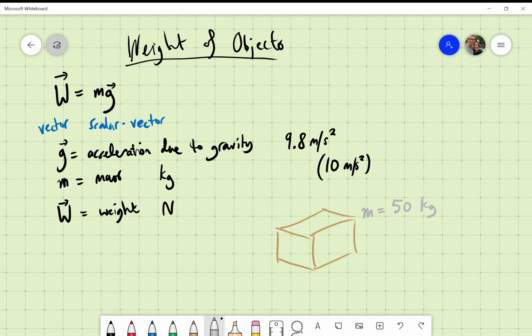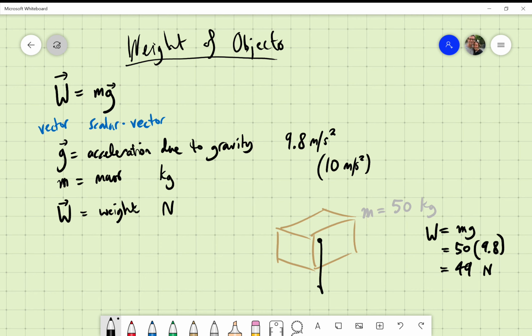And all you do is you run it through that W equals mg formula. You say, all right, what is 50 times g, times 9.8? I can write it out for you. W equals mg, 50 times 9.8, and I believe from memory that is 49 newtons. Okay.